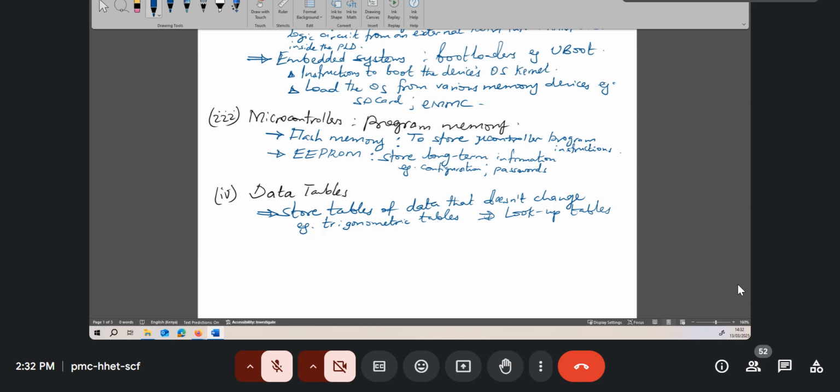Also, under the data tables, we can also store mathematical functions. This is similar to that lookup table.